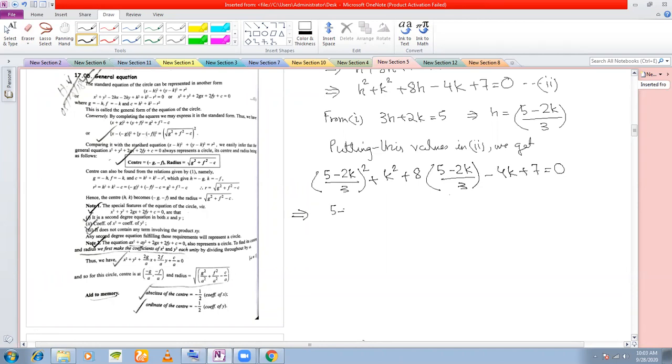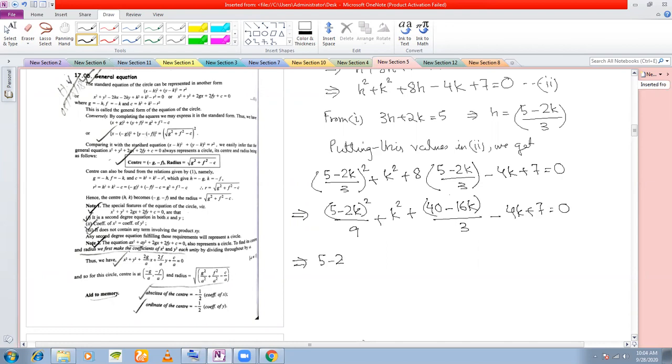So you have (5 minus 2k) whole square by 9 plus k square plus, you multiply all this, you get (40 minus 16k) divided by 3 minus 4k plus 7. Now you take the LCM.